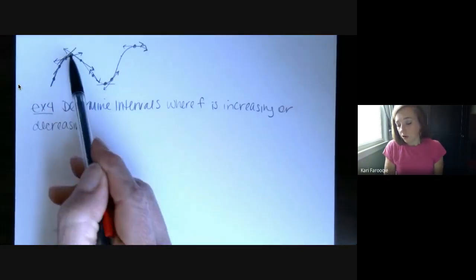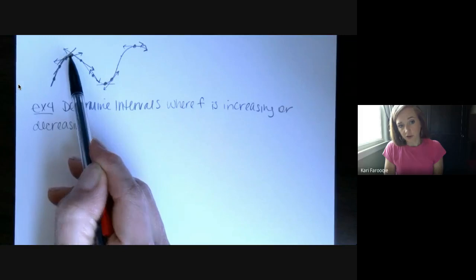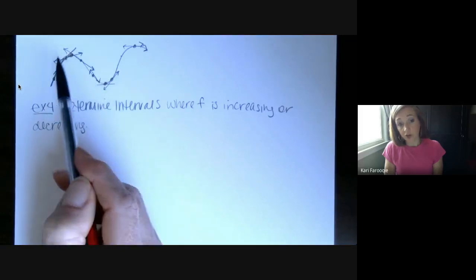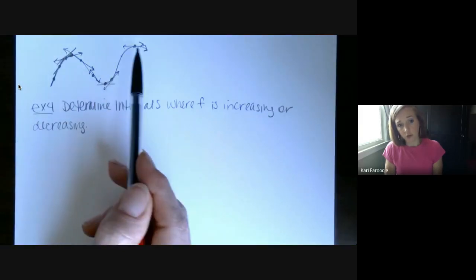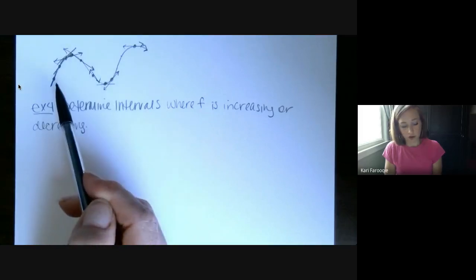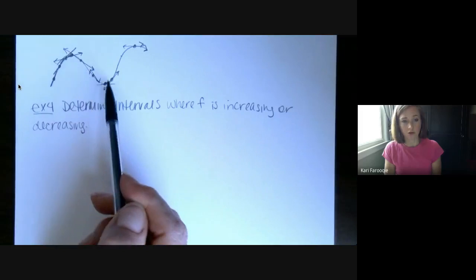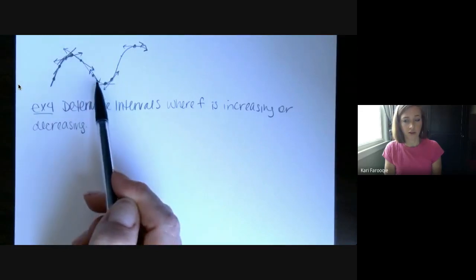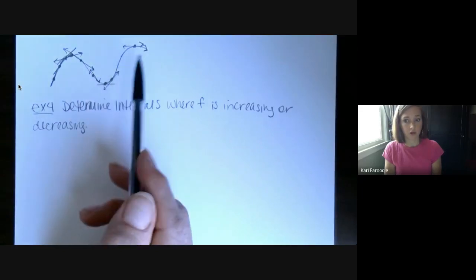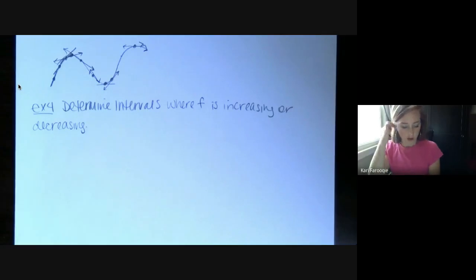We're going to find the critical numbers, which are going to give us these values at the top and the bottom. And then in between those values, we need to determine whether your slopes are negative or positive. If they're negative, your curve is going to be decreasing on the interval. If they're positive, your curve will be increasing on the interval. So we're going to be using some test values here to do that.